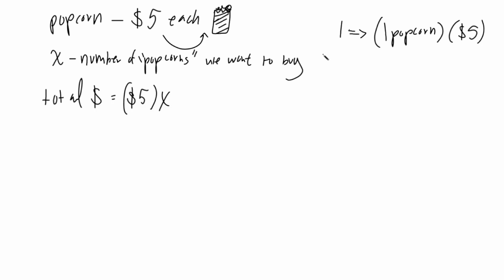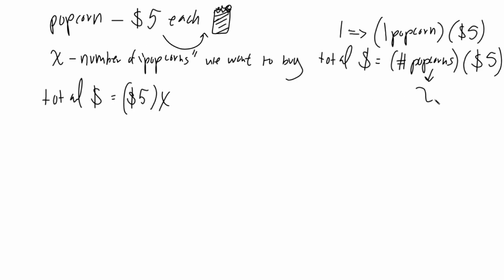Generally, when we want to find the total amount of money, we're going to do number of popcorns times how much each one costs. So instead of writing this whole thing out, we're just going to label X equals number of popcorns we want to buy and label X times the cost of each, which is $5, which brings us to the total.